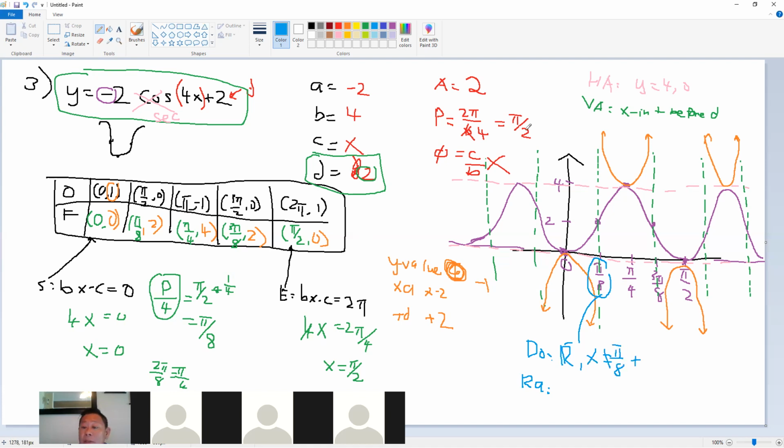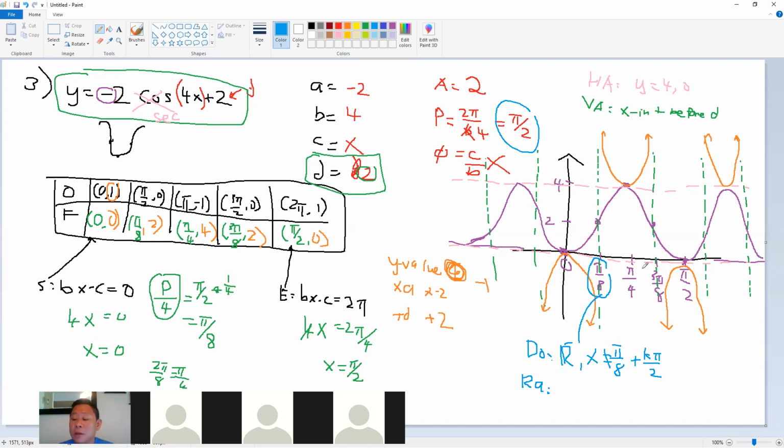And then you use the period. Remember, we use a period, k pi over 2. A lot of students do this, but for secant and cosecant, you cannot. Tangent and cotangent, yes.